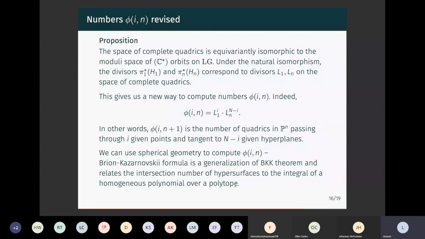It turns out that if you triangulate your polytope, you can compute this integral very explicitly over each simplex. And then, of course, if you have a triangulation, you can sum up over all simplices. So it's a complicated expression, but all these steps can be done, and you get some kind of answer for this as well.